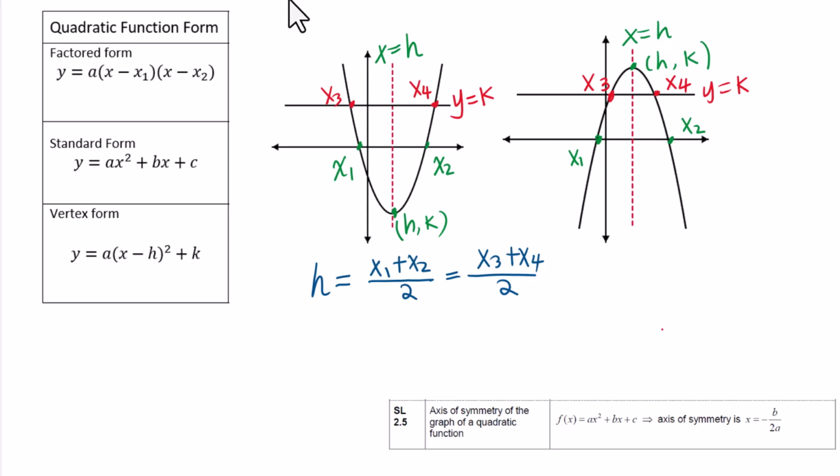Also, in the booklet, we know the axis of symmetry is x equals negative b over 2a. So h equals negative b over 2a, and k equals f of h.